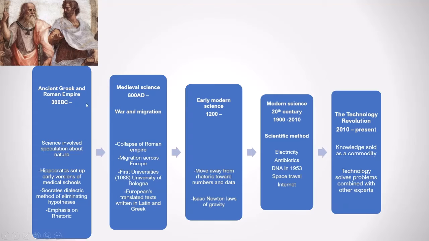Now, because we had this dialectic approach, there was a big emphasis on rhetoric and the ability to persuade just by being a good speaker, to convince people just through those skills. Now, in science today, to try and do that is considered a bit unethical.